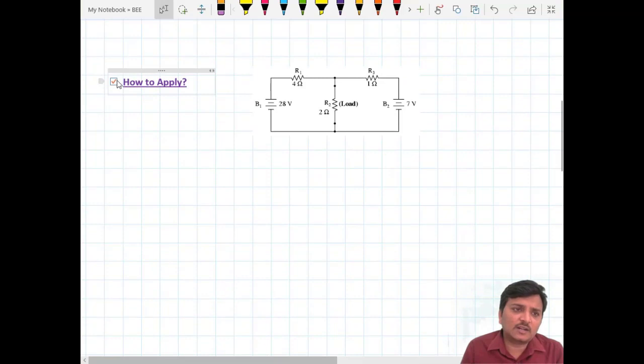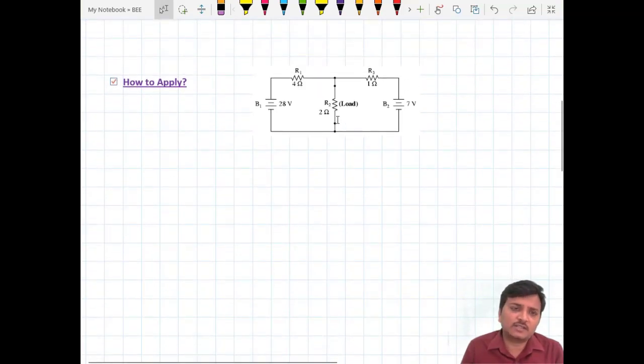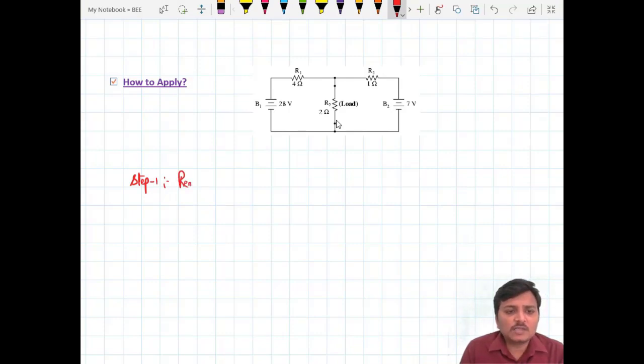How to apply Norton's theorem for the same circuit we have taken. Like Thevenin's theorem, we can define five important steps to apply Norton's theorem. Step 1: this circuit has 2 sources and 3 resistors.